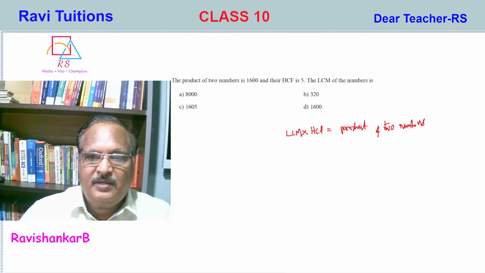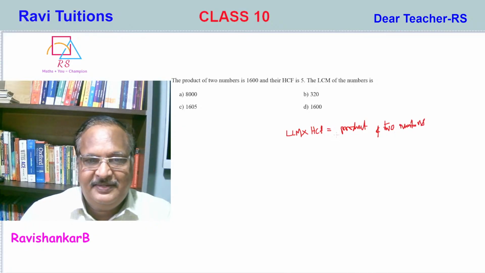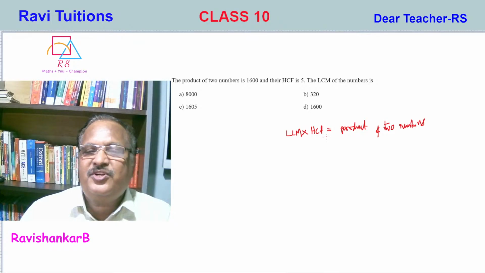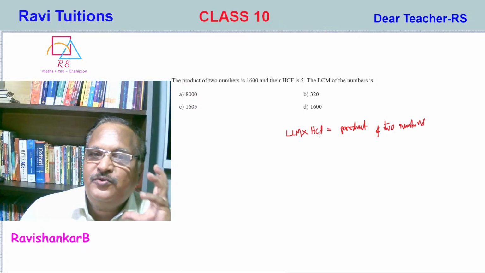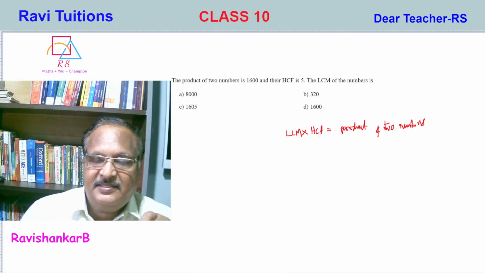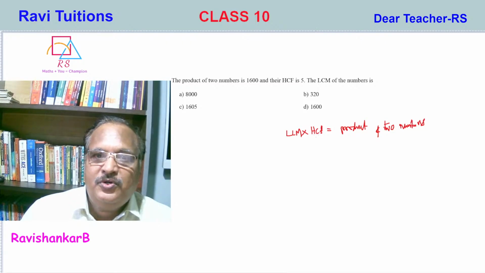This is the formula everybody should be aware of. So you just recall the formula, don't try to do it orally. If you want to do it orally, you need practice.